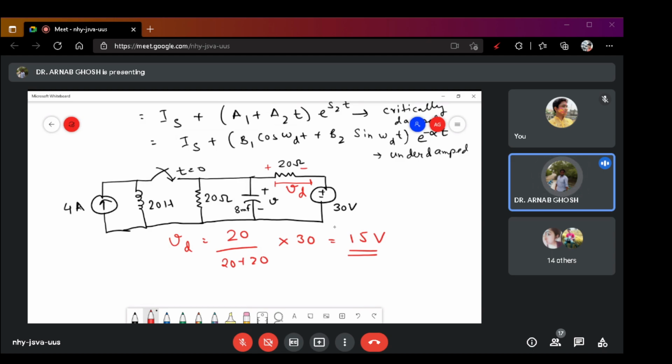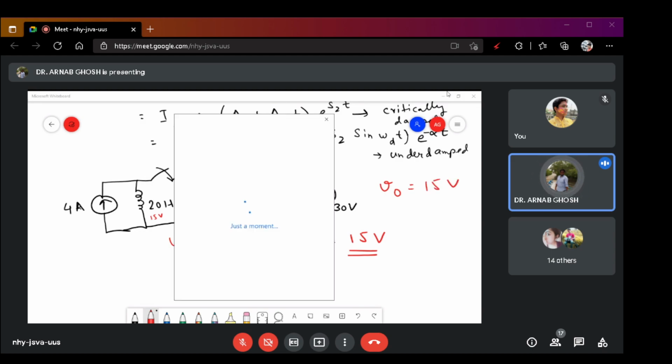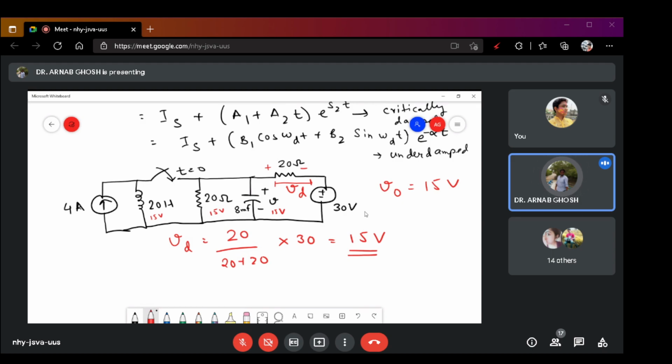So what is the initial voltage across all this? In this branch also 15 volt, in this branch also 15 volt. So you can write V0 as equal to 15 volt, because 30 minus 15 is 15 volt left. So the voltage across the capacitor at t equals 0 is equal to 15 volt, right?